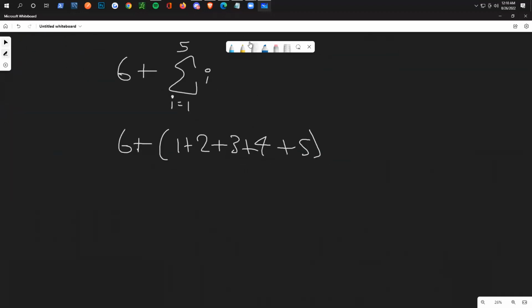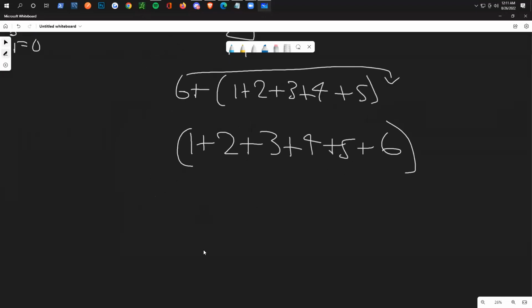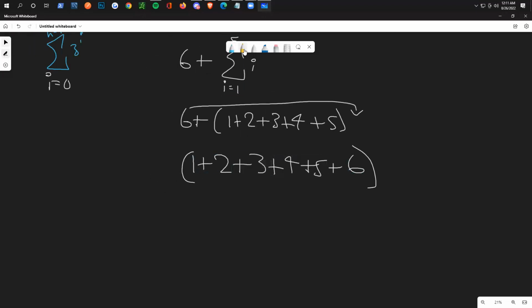But since addition is commutative, you can just do 1 plus 2 plus 3 plus 4 plus 5 with the 6 put here, so it looks more like a summation. That is the same exact thing as if we just had a top bound of 6, starting from 1 or 0, it actually doesn't matter. It ends up coming out to the same exact answer. You just merge the two.